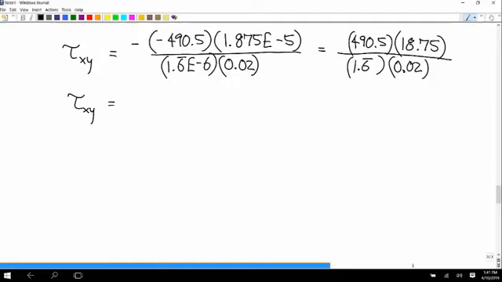And what do you get for that? 2.76 times 10 to the 5th pascals.